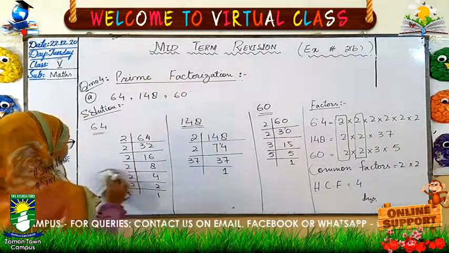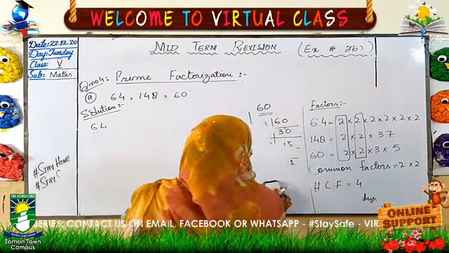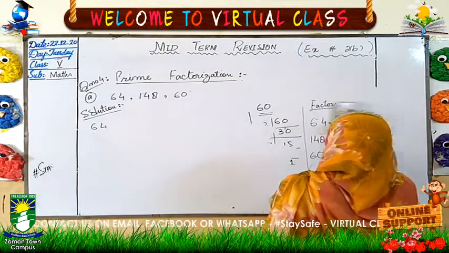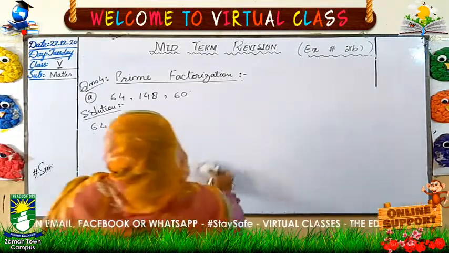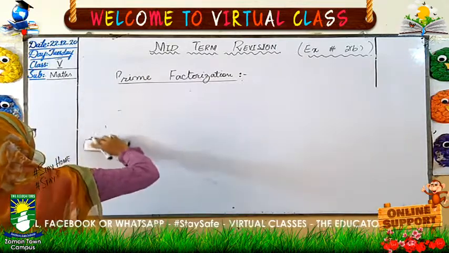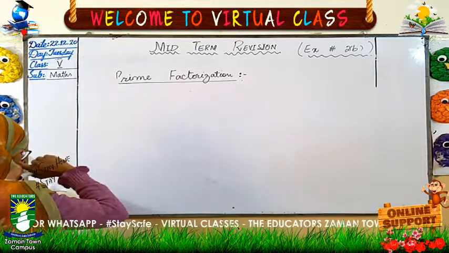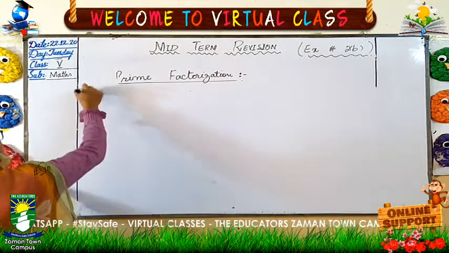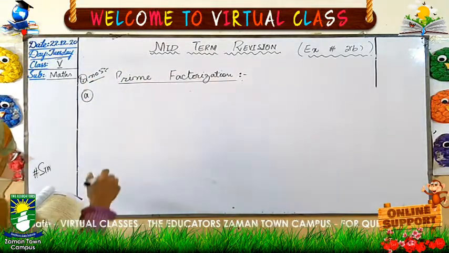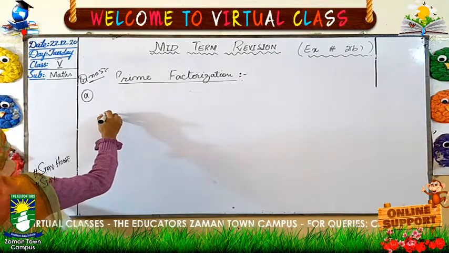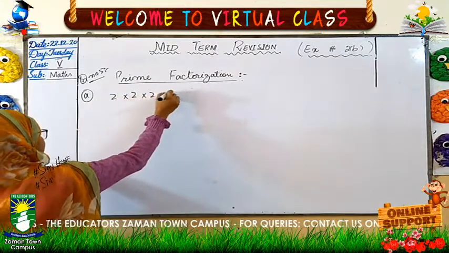Okay. Next we have question number 5, in which we have the prime factors. Find the HCF of the given groups of numbers. We have 2 multiplied by 2 multiplied by 2 multiplied by 5.